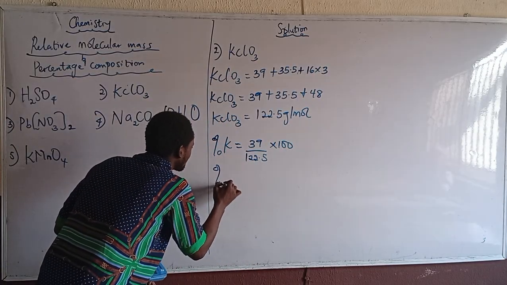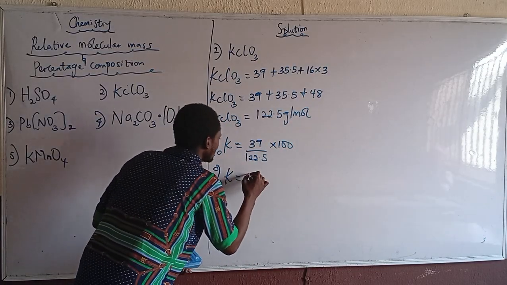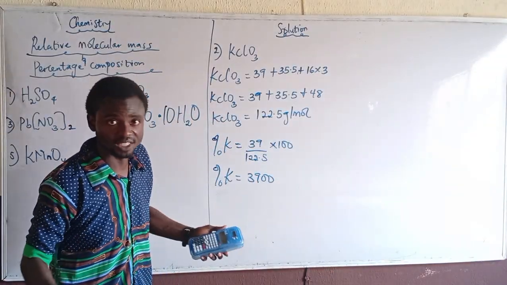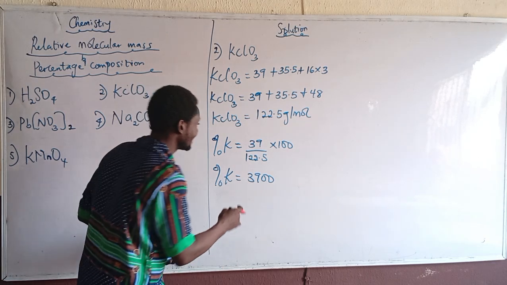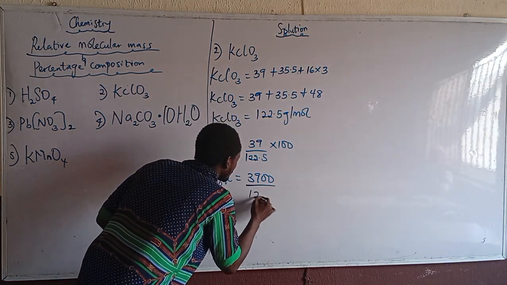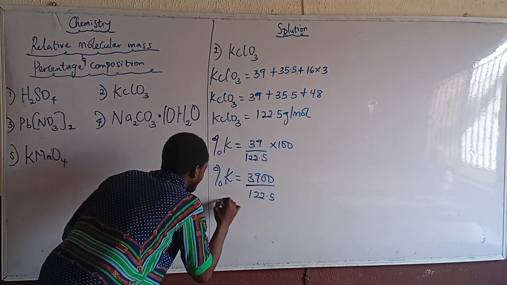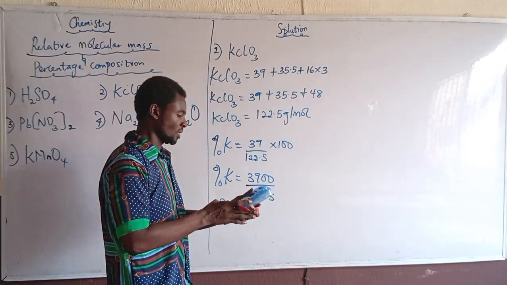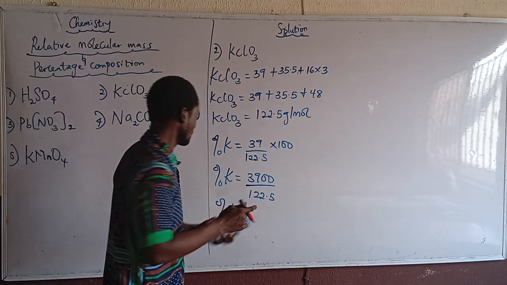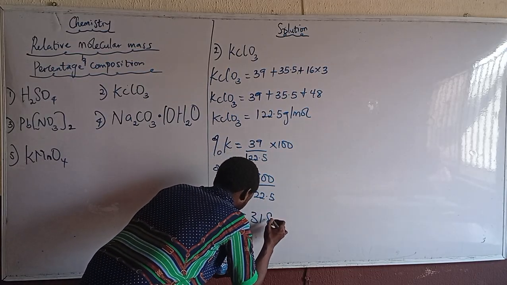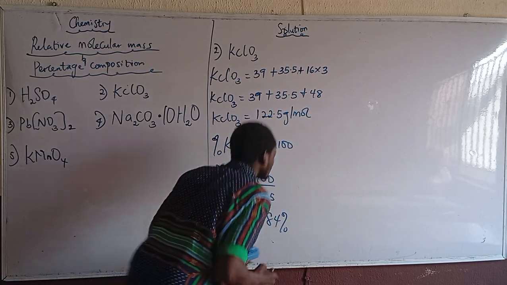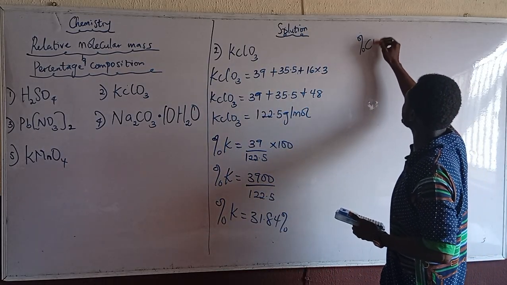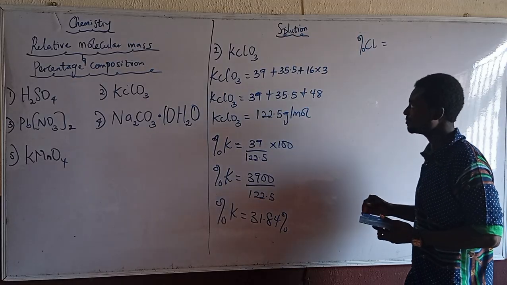So percent of potassium becomes 3,900, that is 39 multiplied by 100, divided by 122.5. That becomes 31.84%.